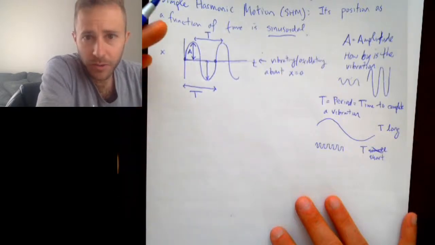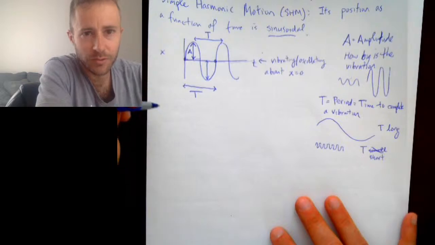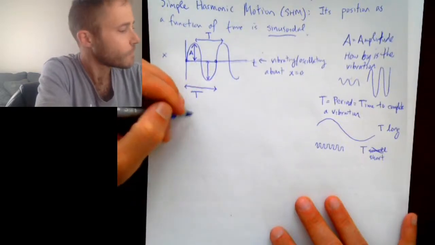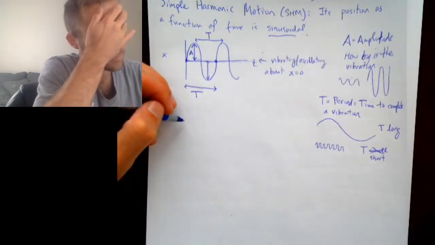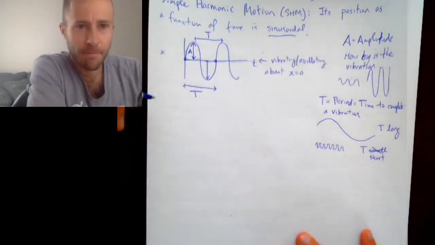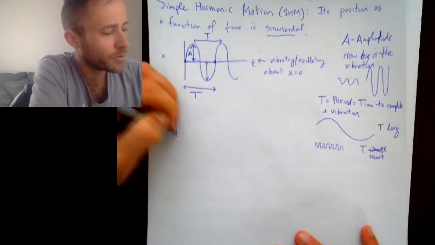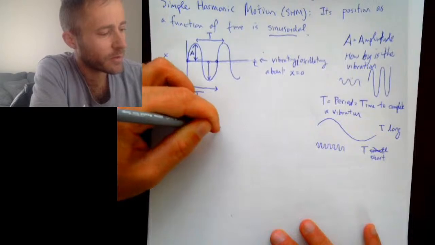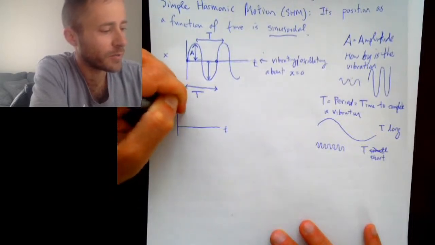One other possibility. So this is vibrating and oscillating about x equals 0. Okay. All right. But we could have simple harmonic motion about a different location. So what if we had something that was like this?